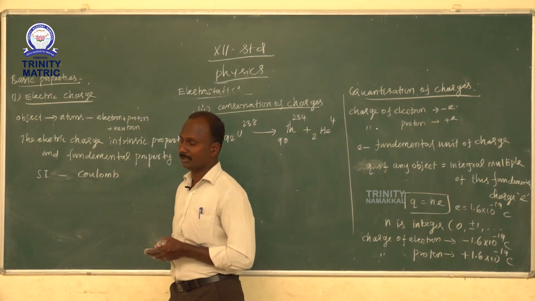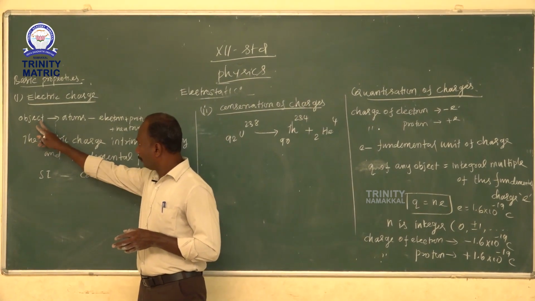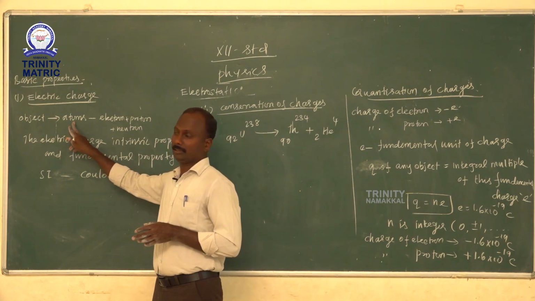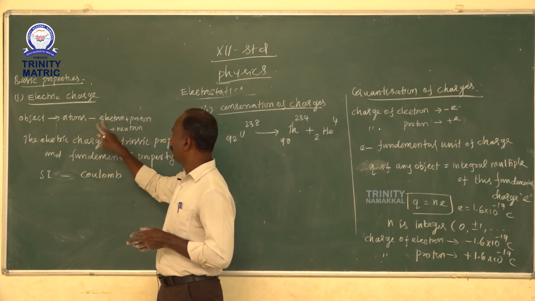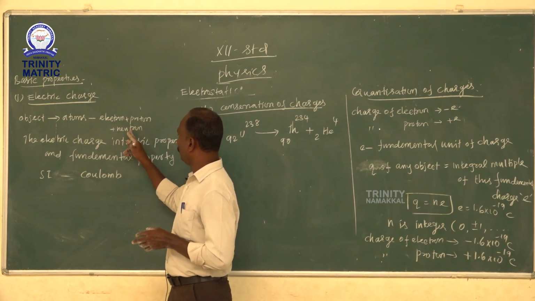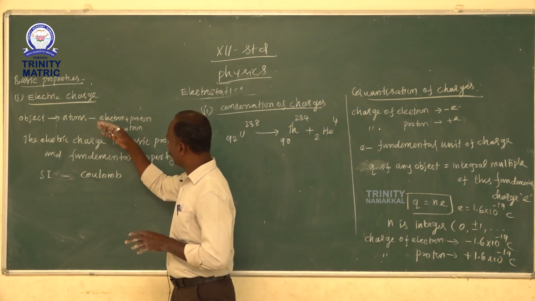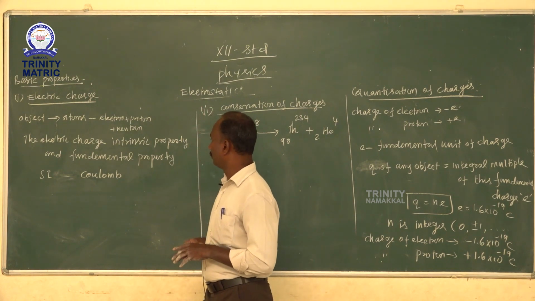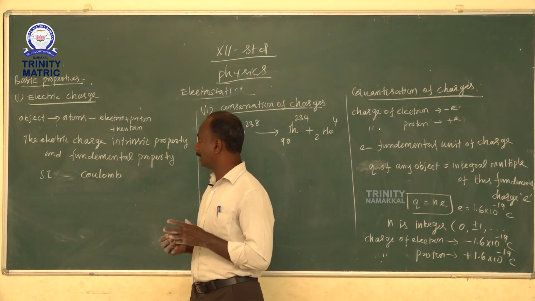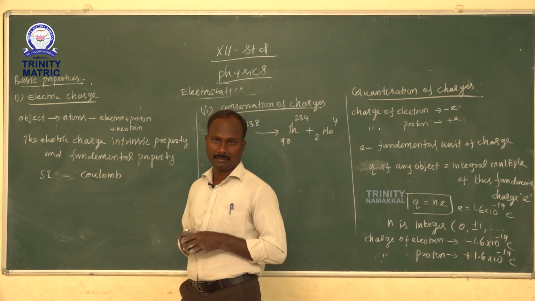All objects are made up of atoms. The atoms consist of electron, proton and neutron. Whether electron, proton or neutron, each has an inherent property.